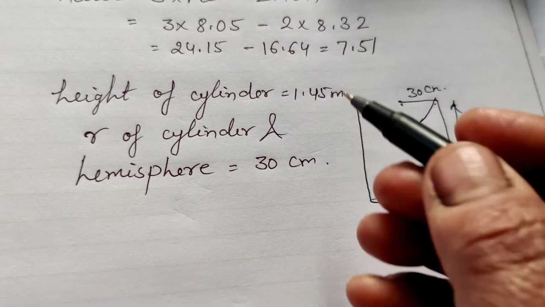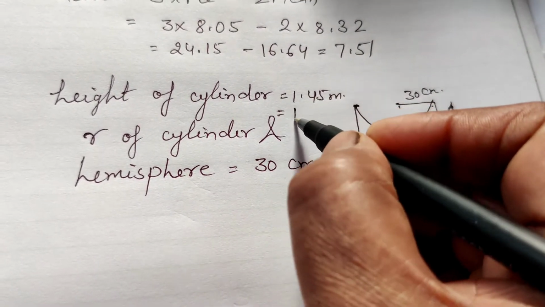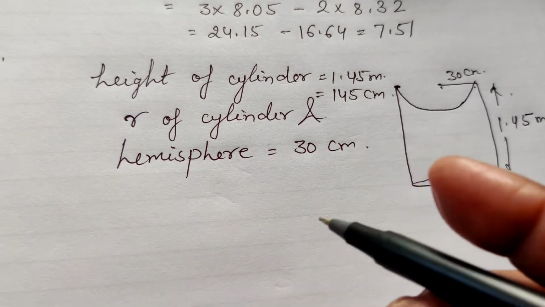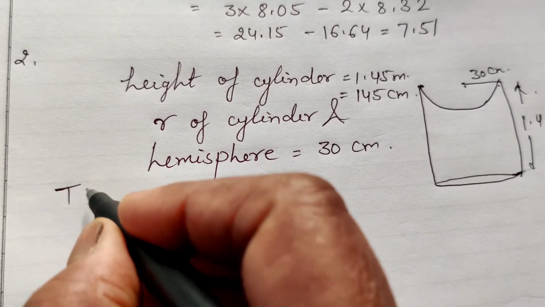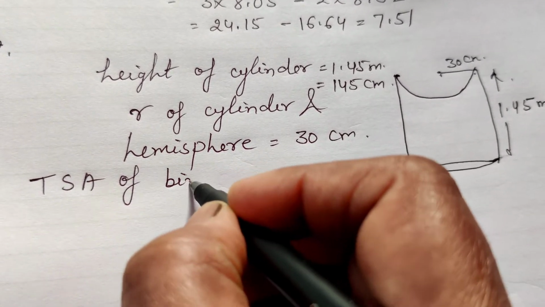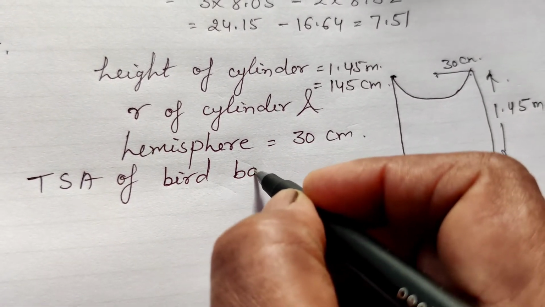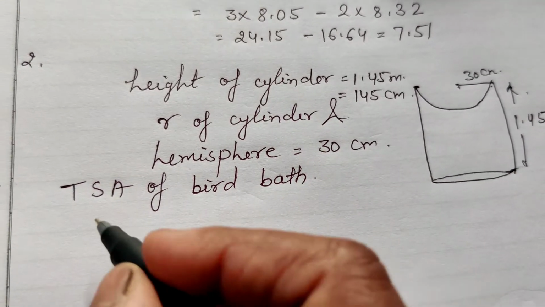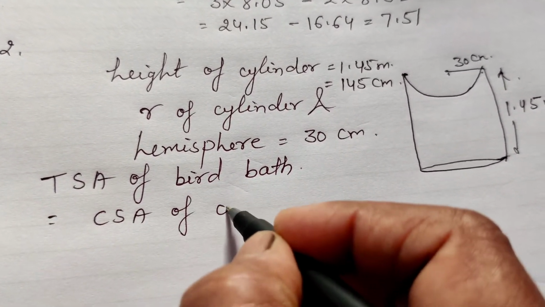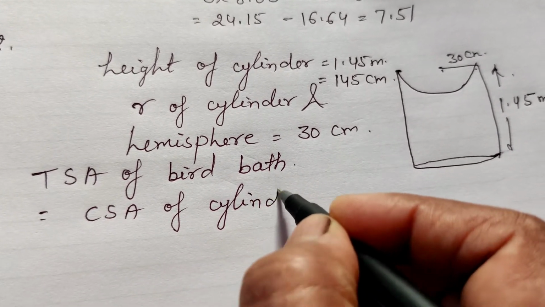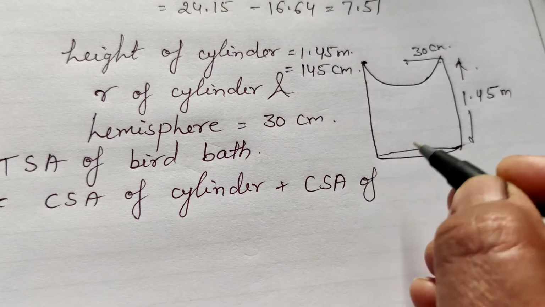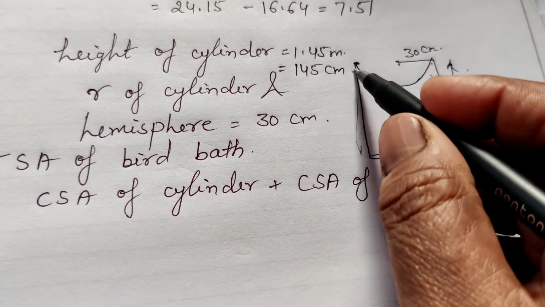So we can write 1.45 meter means 145 centimeter. Now the total surface area of bird bath equal to CSA of cylinder plus CSA of hemisphere. Two surfaces, one of the cylinder and one of the hemisphere.